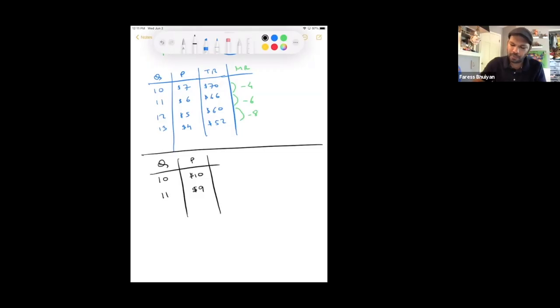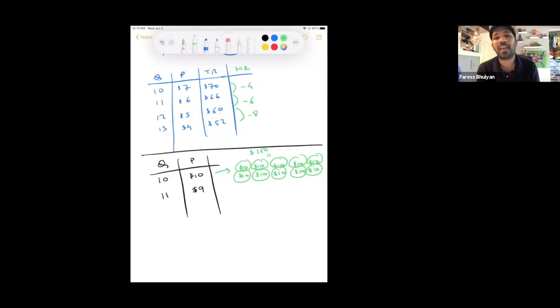If you go with 10 units, you can charge $10 each. So you have 1, 2, 3, 4, 5, 6, 7, 8, 9, 10, and you would make $100.